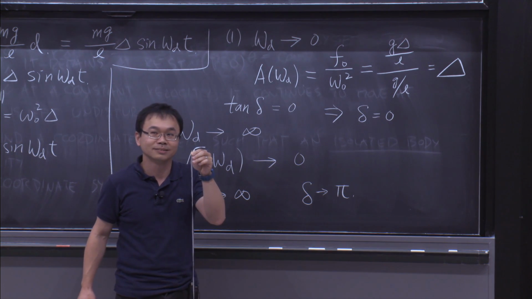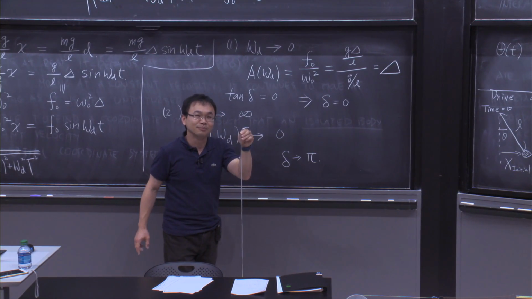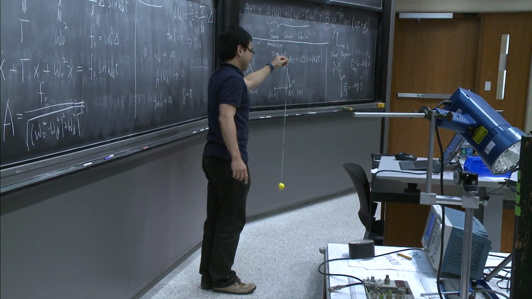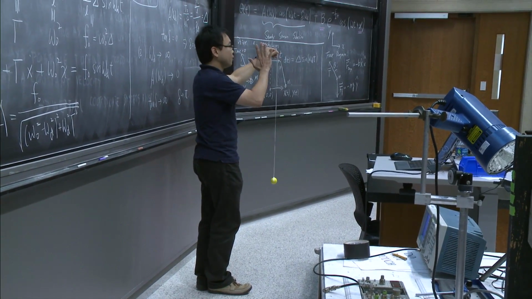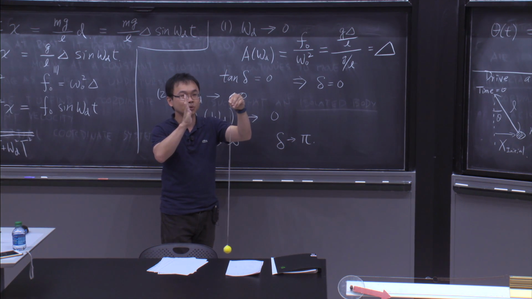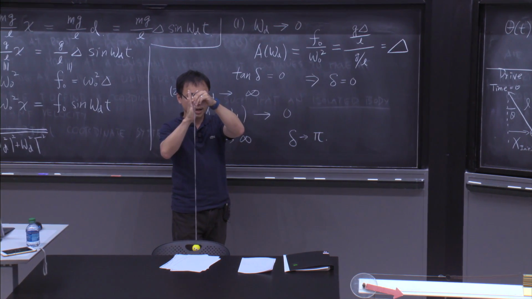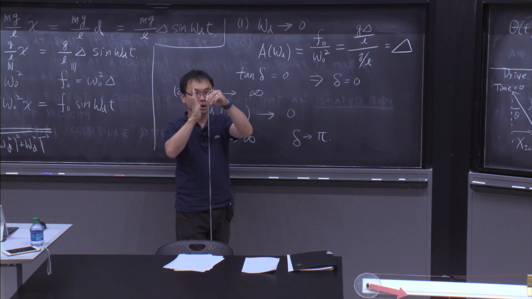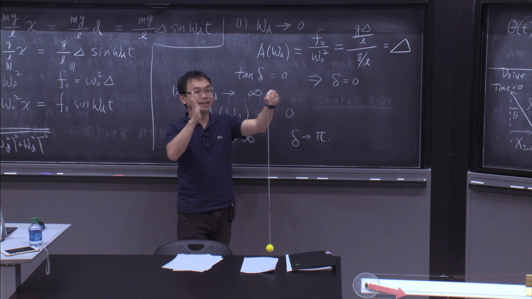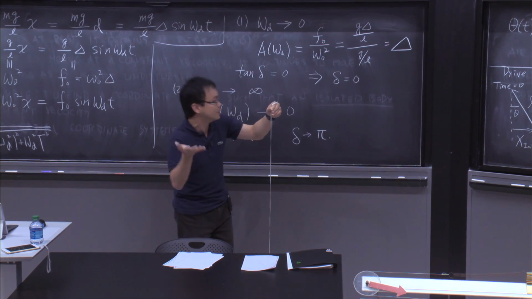I'm already doing it. Can you see it? No? It's a very exciting experiment. You see that this is the original vertical direction. If I do it really, really slowly, you can see that the amplitude of the ball is exactly the same as the displacement I introduced, right? So that's kind of obvious.